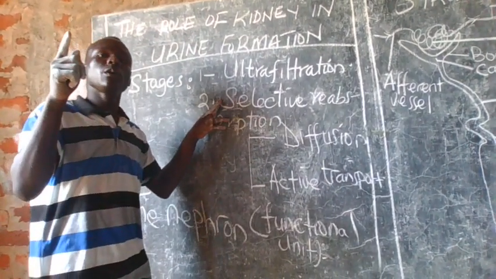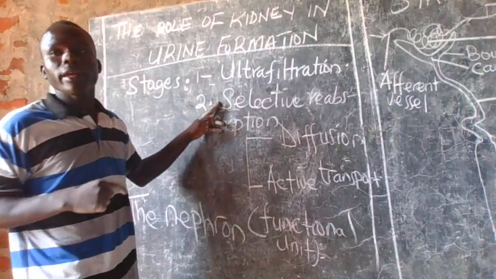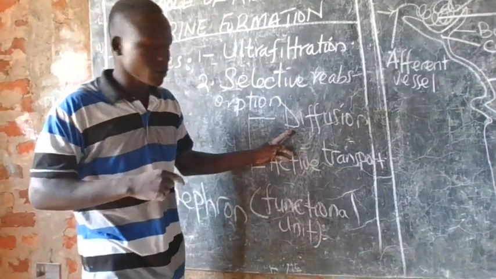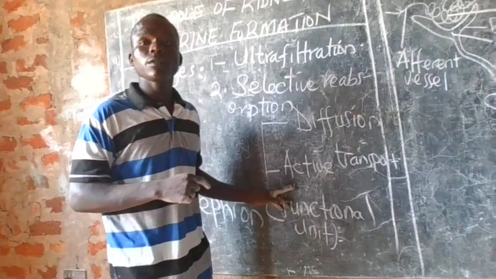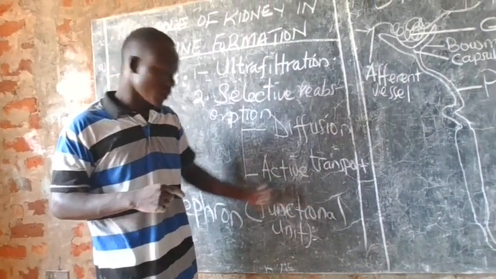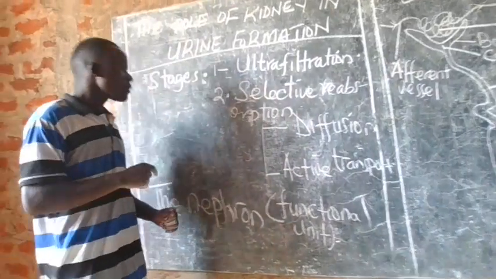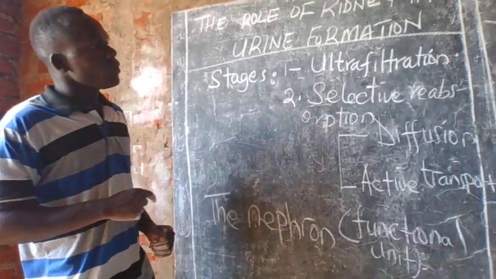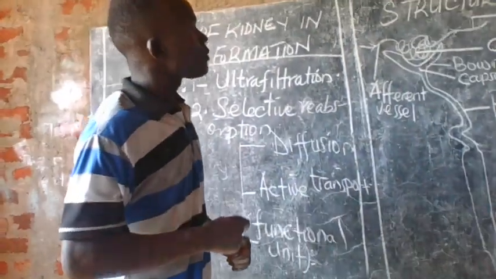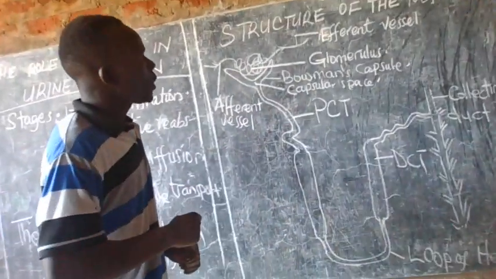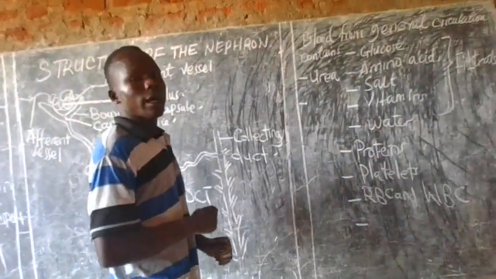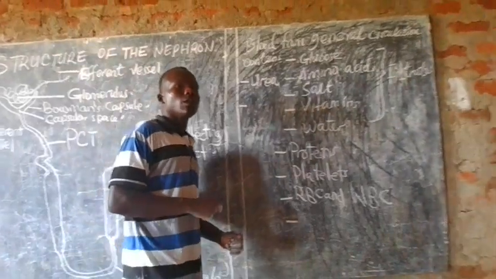Selective reabsorption occurs by the help of simple diffusion and active transport. If we are to describe the process of urine formation, we need to begin by knowing the components of blood from the general circulation.